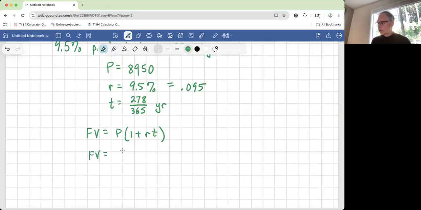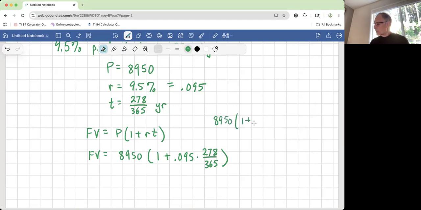So future value equals present value 8,950 times 1 plus 0.095 times 278 365ths. Put it into the calculator just the way it looks: 8950, open parenthesis, 1 plus 0.095 times 278 over 365, end parentheses, enter. So that's all you put in your calculator.